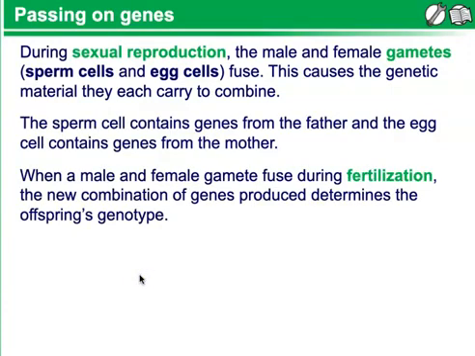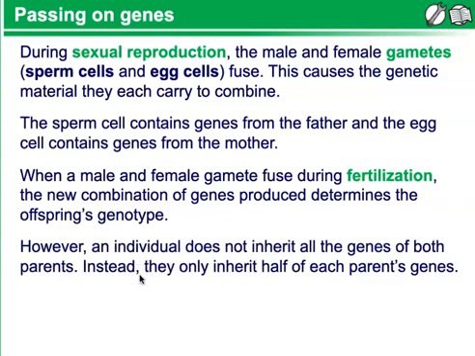When a male and female gamete fuse together during fertilization, the new combination of genes produced determines the offspring's genotype. However, an individual does not inherit all of the genes of both parents. Instead, they only inherit half of each parent's genes.